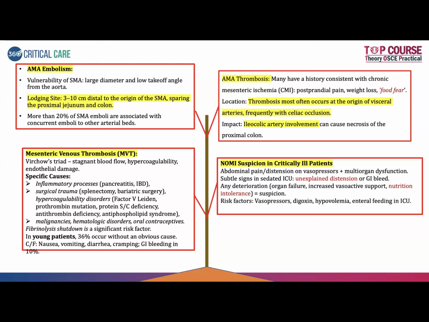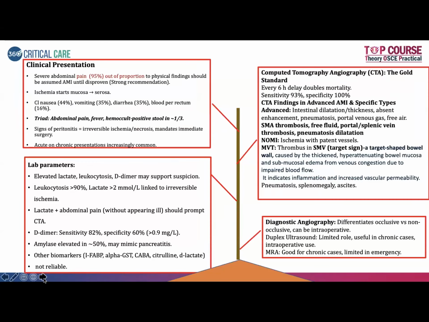Hypercoagulable disorders like factor V Leiden mutation, prothrombin mutation, protein S and C deficiency, antithrombin deficiency, antiphospholipid syndrome. So all hypercoagulable disorders, vasculitis, malignancies, hematological disorders, contraceptives, fibrinolysis shutdown. All these can occur in young patients, 36% without any obvious cause. GI bleeding can be there in about 10% of the patients.